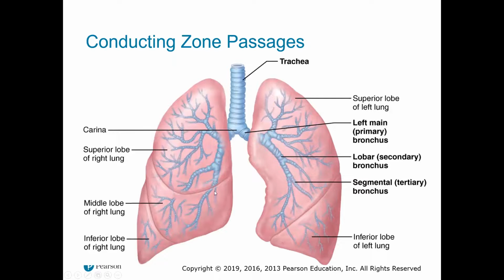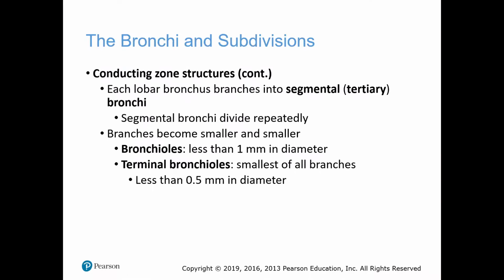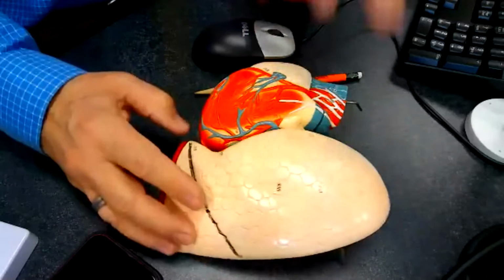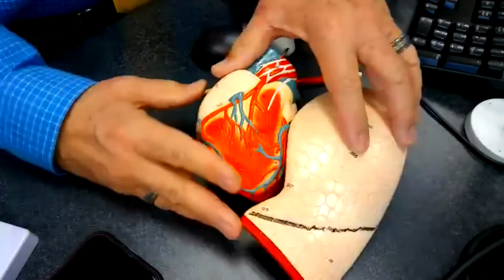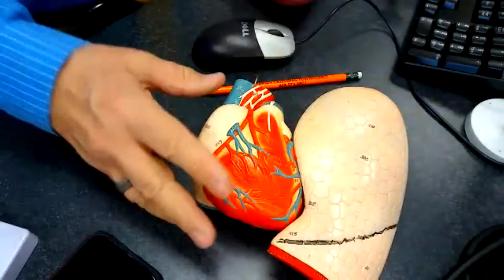There's the right lung with 3 lobes. This indentation that you see is for the heart. And so it would snug together something like you're going to see here. This is a left lung right here.